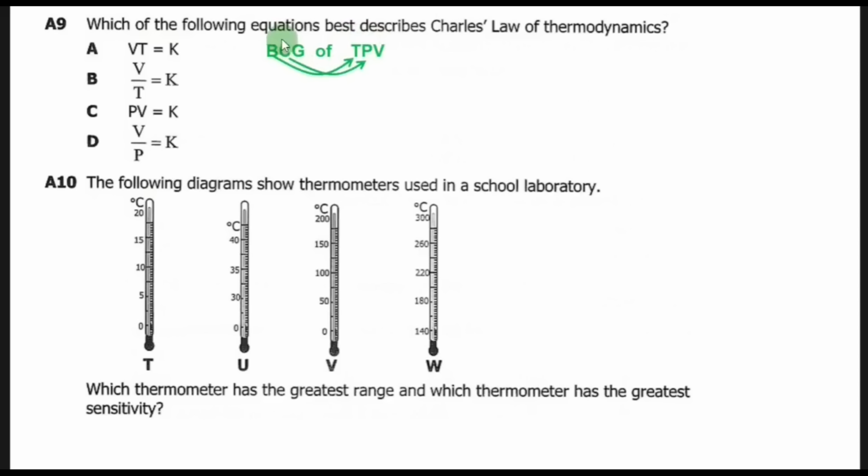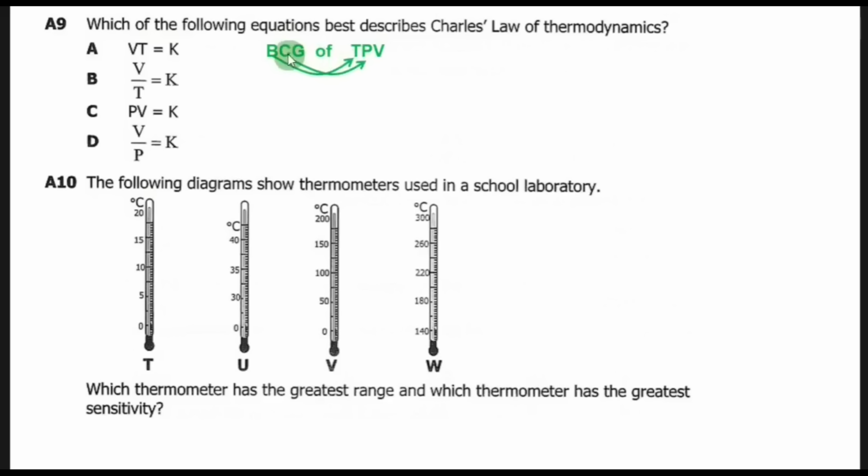According to Charles' law, if you increase the volume of particles of a gas, then their temperature will reduce. Again, if you decrease the volume of those particles, temperature will increase. Also, when you increase temperature, volume will increase. When you decrease temperature, volume will decrease. So this is what we are dealing with here.